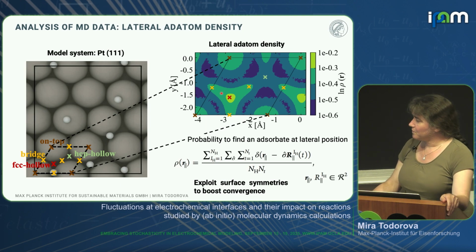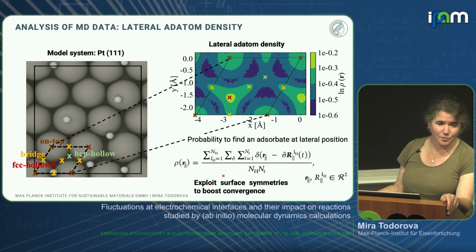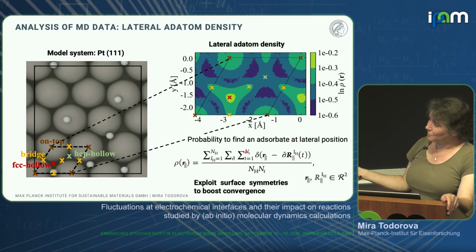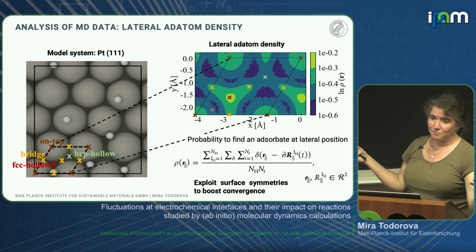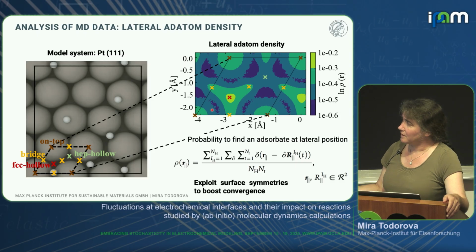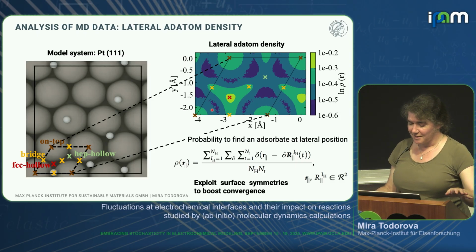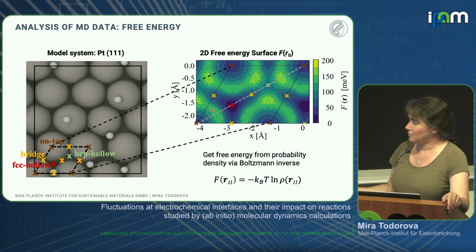I should mention that we exploited surface symmetries in order to boost the convergence, so that even from somewhat moderate lengths of the trajectories, we can get a rather smooth potential energy surface. We can calculate the free energies using a Boltzmann inverse.